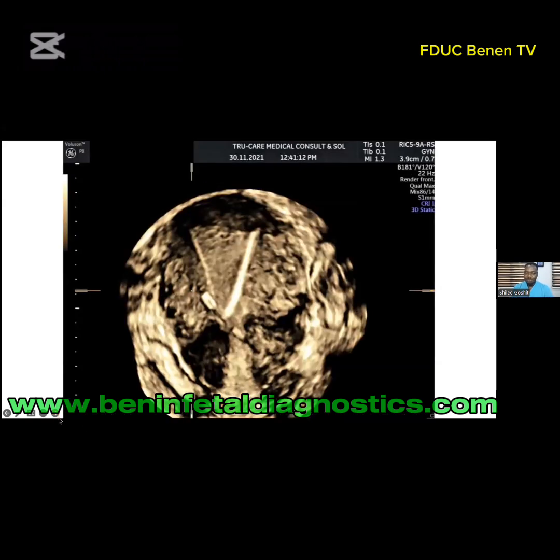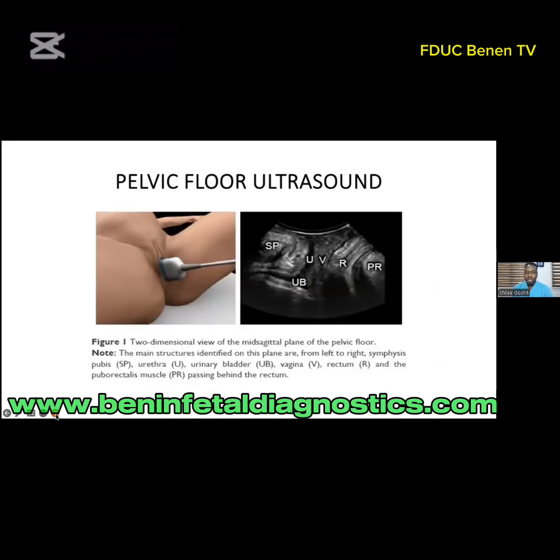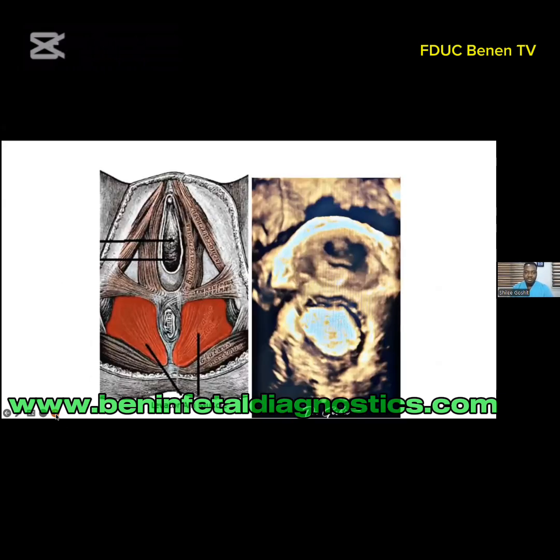Again, this is another displaced IUD. And then we can see, just to see the potential of ultrasound, pelvic floor ultrasound. This patient was referred to me by one of our profs, Prof. Kashima. This patient was having incontinence of feces post-delivery, and she had a turbulent labor. If you look at this image, you can see the levator ani in red.